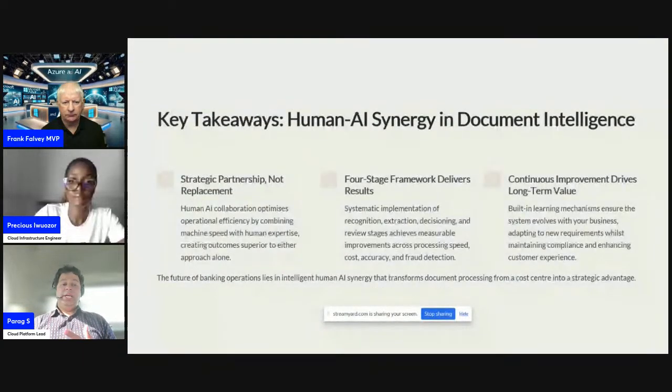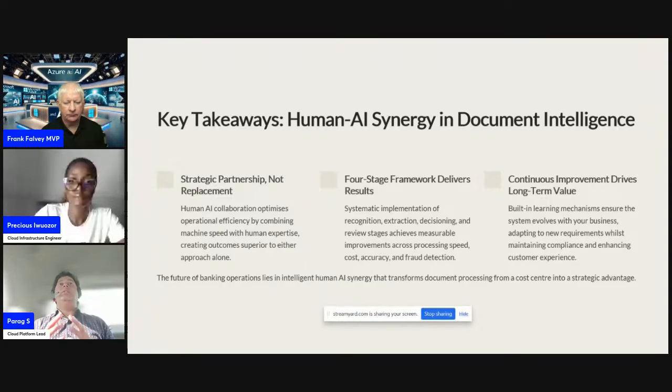So, key takeaways, again, just a quick snapshot of what I just talked about. First is strategic partnership, not a replacement. We are not here to replace humans, because humans are still key when it comes to risk rating, fraudulent data, or high-risk application processing. So here the AI model is more to help than replace. Second is the 4-stage framework, which is very much key.